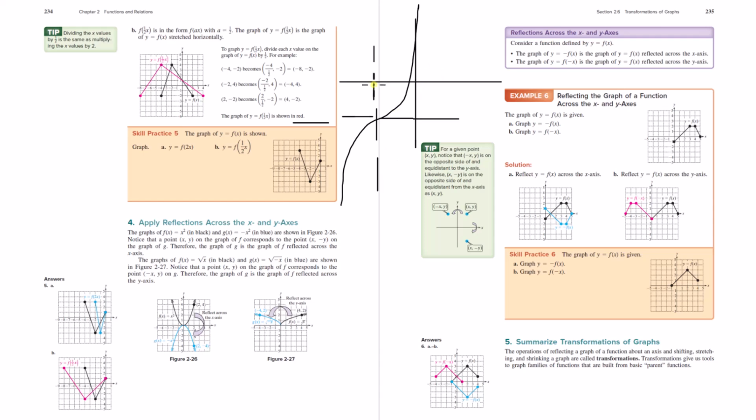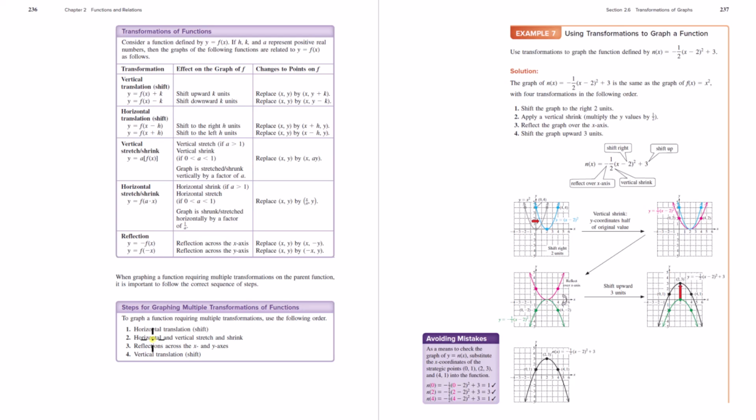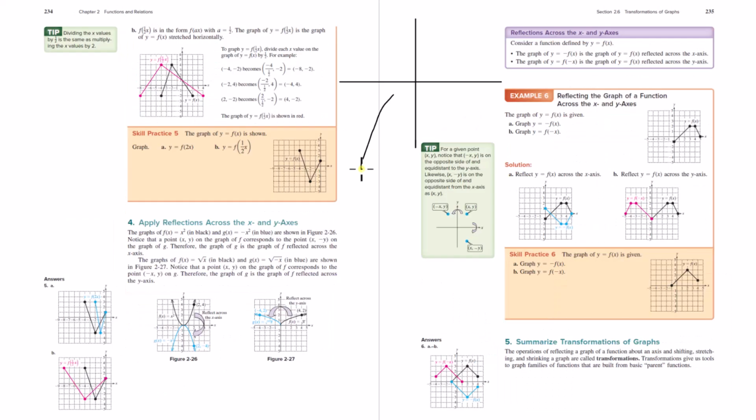You do the horizontal shift, then you do the stretching and the shrinking and the reflections, then you do the vertical shift. So, okay, let's do this. Let's take this x cubed and do some transformation. So we shift it, let's say to the left first.